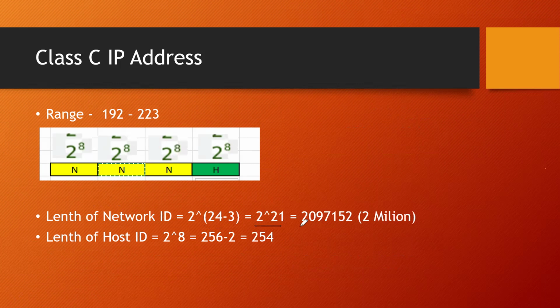So 2 to the power 21 is this much, and again you have to subtract 2, so it becomes approximately 2 million. For the host ID, 2 to the power 8 is 256, minus 2 is equal to 254. I hope you don't have any doubt about IP addresses and the classes of IP addresses.